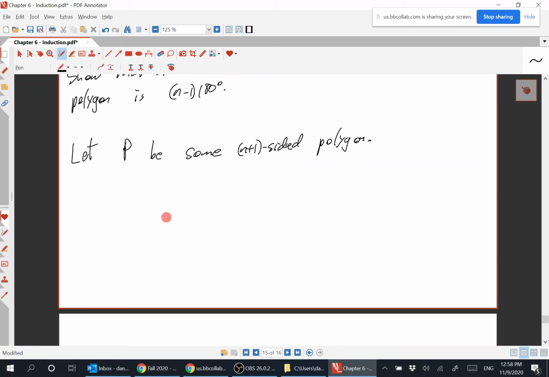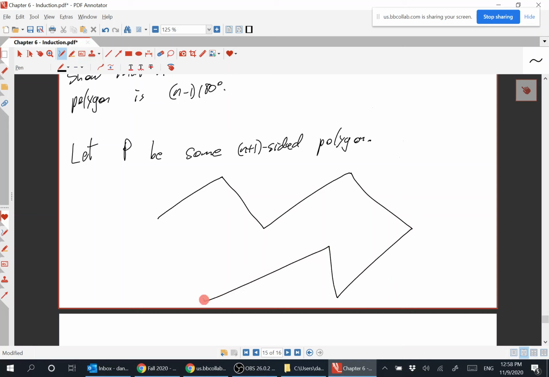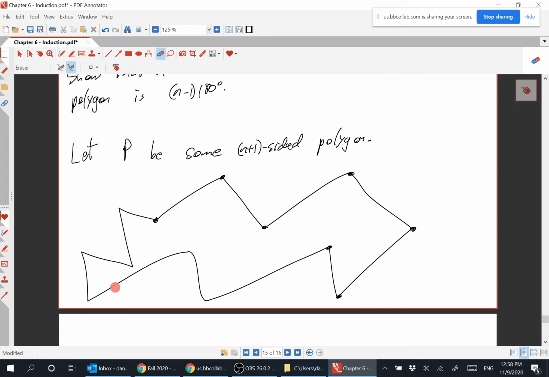So here's P. It's a little too curvy looking there.